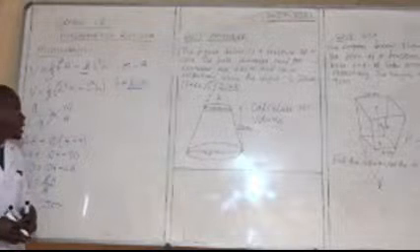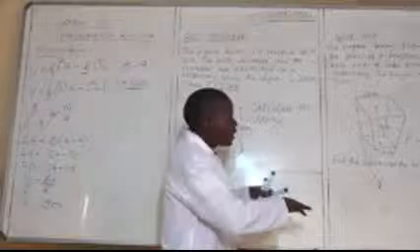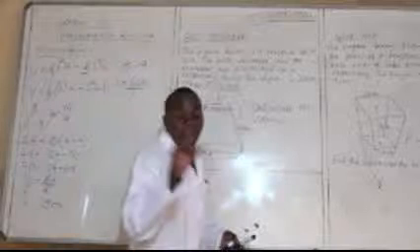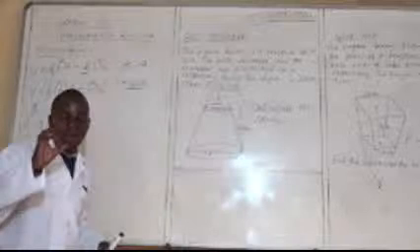Are we together there? In another question, they might even ask you to find the height of the smaller pyramid. You have to do it the way we have done it here. But in some questions, they just ask you to find the volume of this first term. So the first thing you have to do is to find the height of the smaller pyramid.